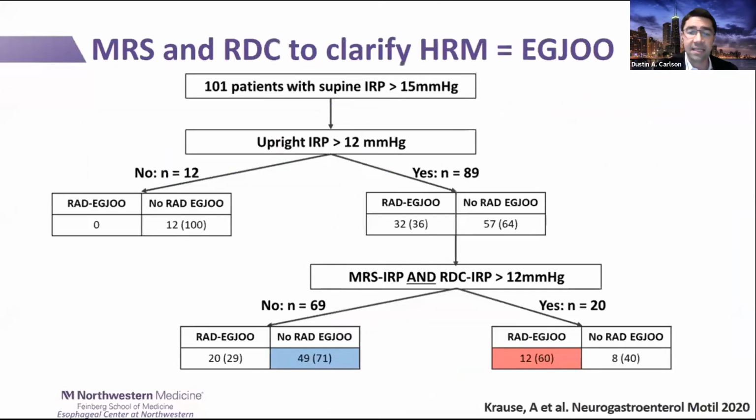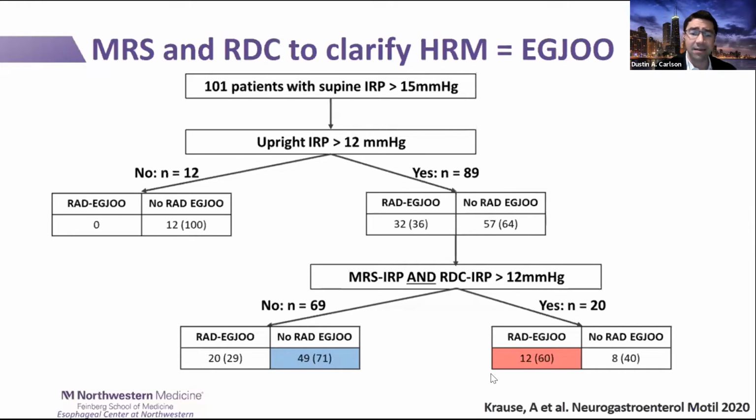We looked at this again in patients that were classified as EGJ outflow obstruction based on an elevated IRP in the supine position, but did not meet criteria for achalasia. Using esophageal retention on a barium esophagram as the outcome measure, it demonstrated that when the IRP remained elevated during both of the maneuvers, both multiple rapid swallow and rapid drink challenge, this provided an increased probability, with odds ratios of 3 to 5 depending on the model we applied, to predict an abnormal esophagram.